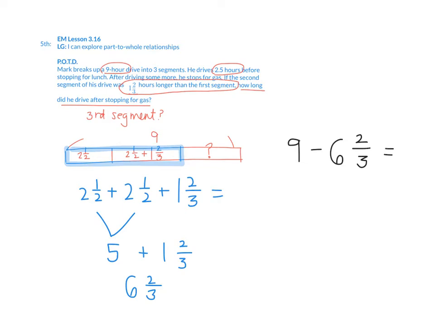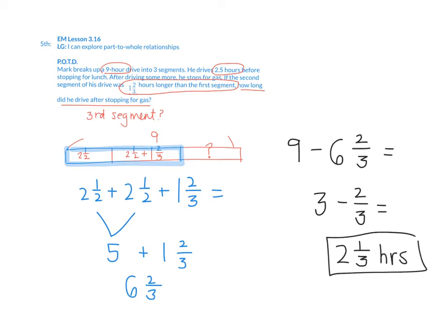So I can do 9 minus 6 is 3. But then what do I have to do? Is 3 going to be my final answer? No. I still have to take away 2/3, right? So if I take away 2/3 from 3, what is left? 2 1/3. And what is my units? Hours. Good. So he still has to drive for 2 1/3 hours.